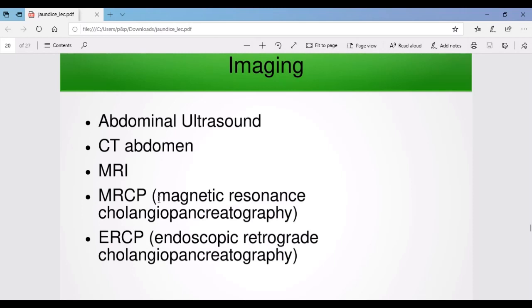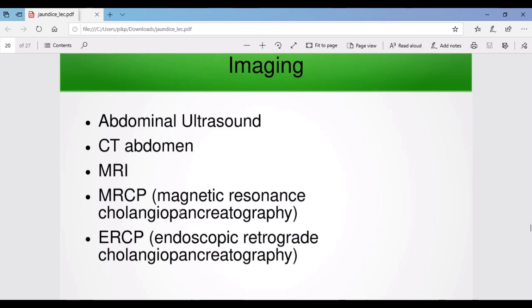This is a special modality where we can see the ducts of the whole biliary system. It is delineated. We can see whether the biliary system is dilated or not, and whether there is an obstruction inside the lumen or not. So MRI has an additional benefit of providing us with magnetic resonance cholangiopancreatography.